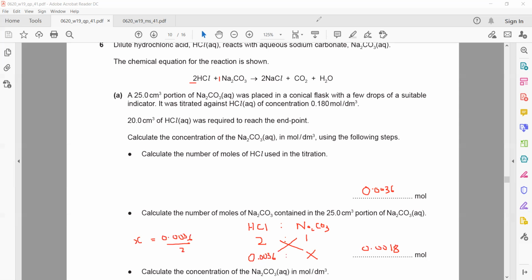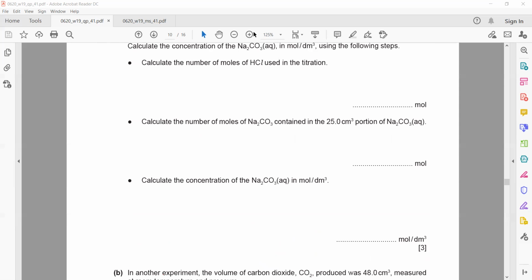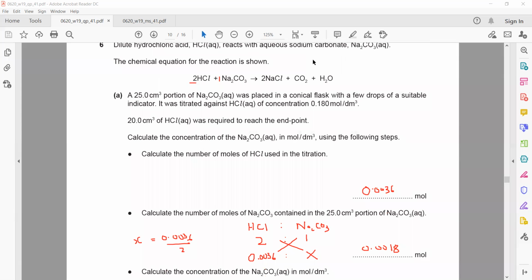The next part, calculate concentration. So how to get the concentration? Now you have the moles of sodium carbonate and you have the volume of sodium carbonate, so you can get the concentration, because the formula is moles equal concentration into volume. So if I need concentration, the concentration is moles divided by volume.